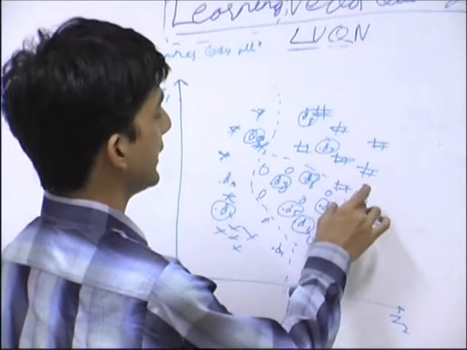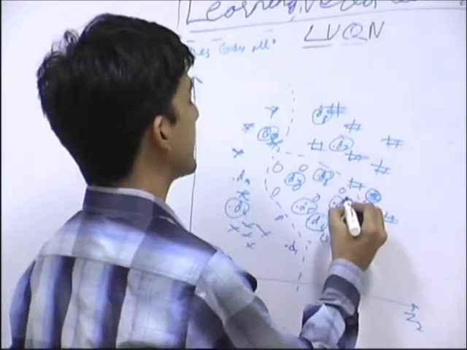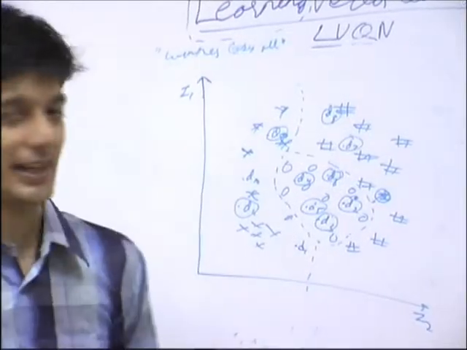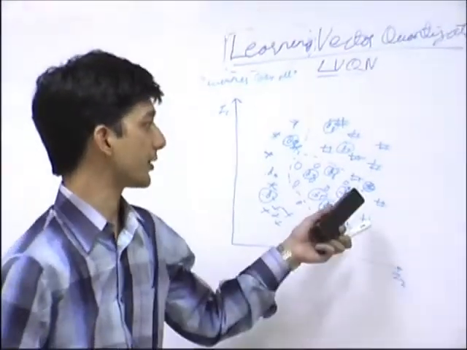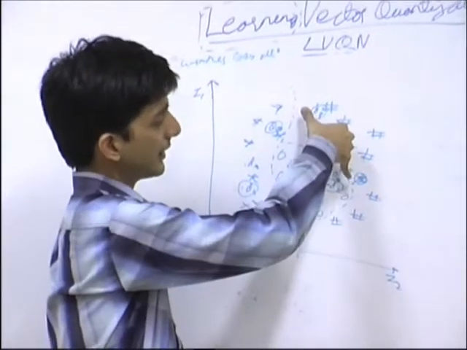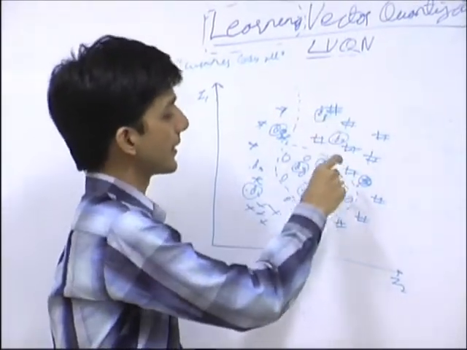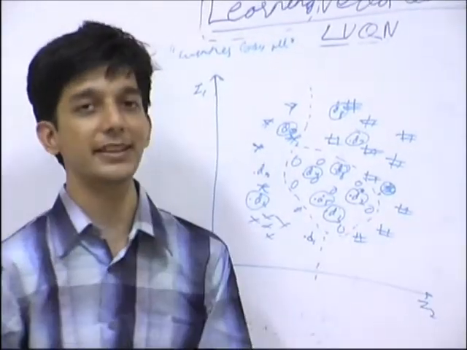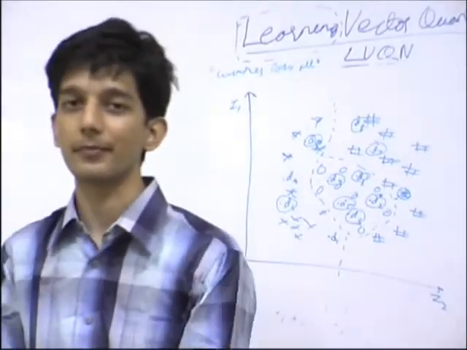So in this case, D2 will win, that has the least distance. I kind of circle it up. I say D2 wins for this kind of input. All these data centers calculated their norms, and the data center closest to the applied input always wins.